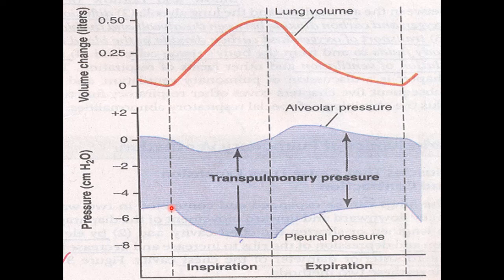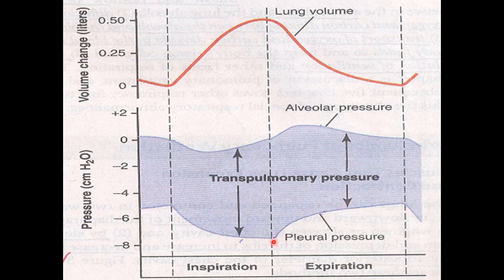We just talked about how, at the beginning of inspiration, the pleural pressure is minus 5 centimeters of water. During inspiration, when the lungs are expanding, the pleural pressure becomes more negative, or more subatmospheric. At the end of inspiration, it becomes minus 7.5 centimeters of water. Now during expiration, this change is going to reverse.